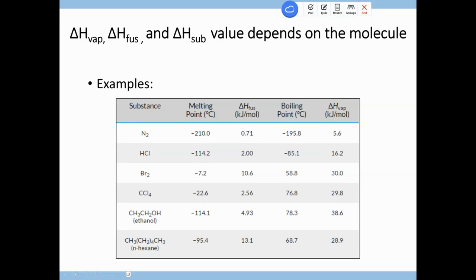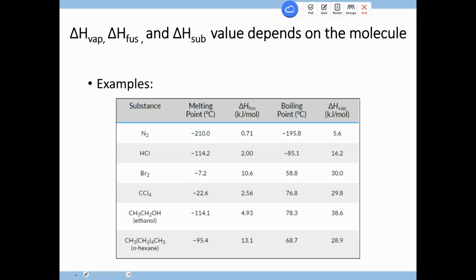The boiling point, the temperature at which the substance goes from a liquid to a gas, is provided, and also the energy required for 1 mole of that substance to vaporize at this temperature. Same thing for melting point, and the amount of energy required for 1 mole of that substance to melt. The purpose of this slide is to show you we have different values for different substances.